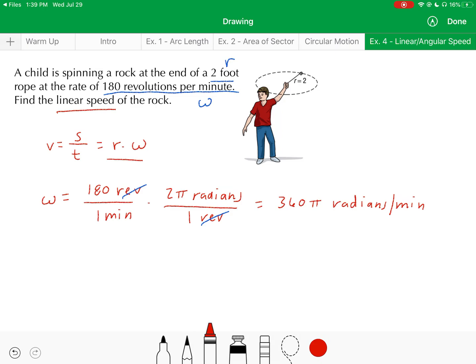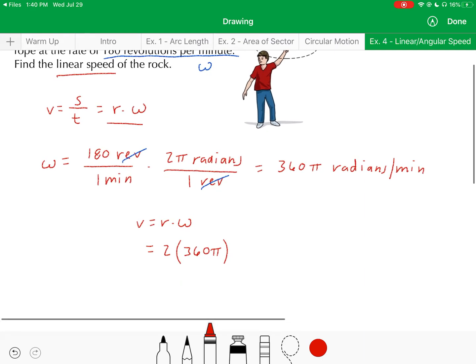And now we are able to utilize our formula for linear speed of v equals r times omega. So r is 2 feet, omega is 360 pi radians per minute. Multiplying together, you get 720 pi.